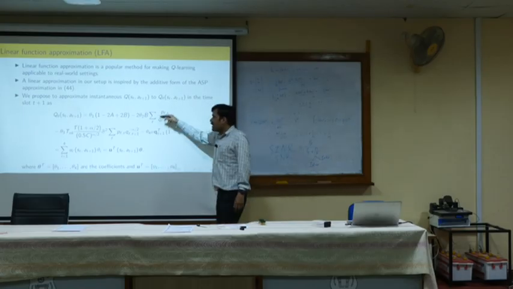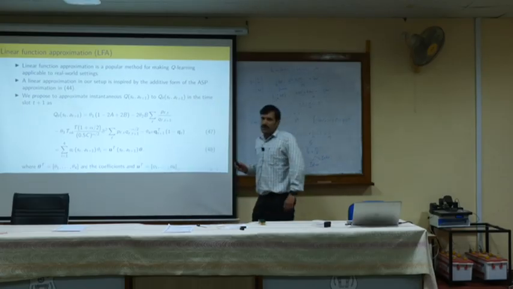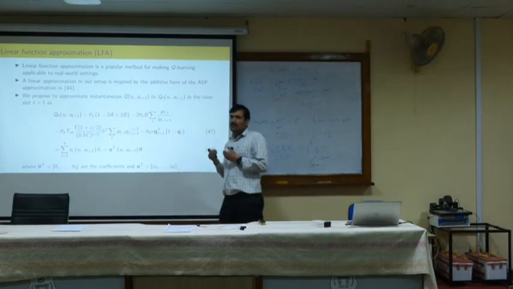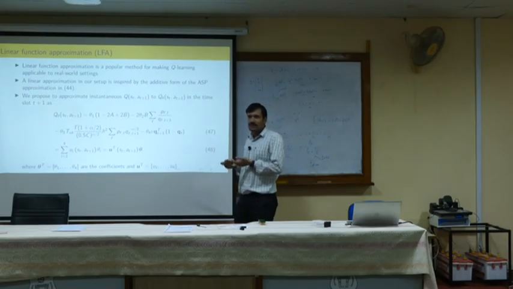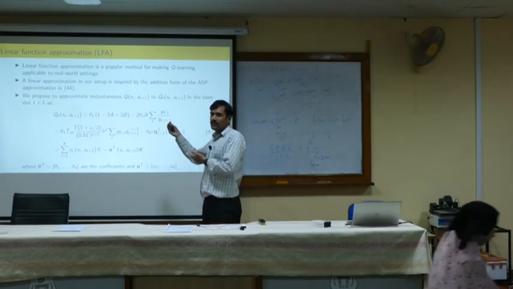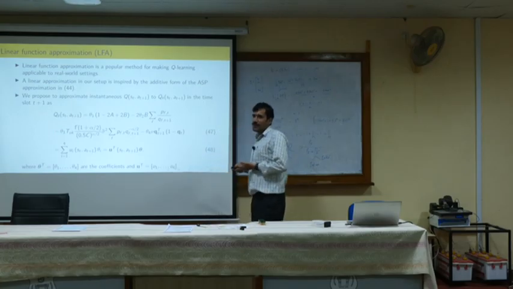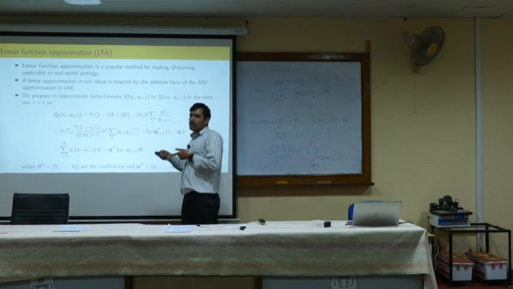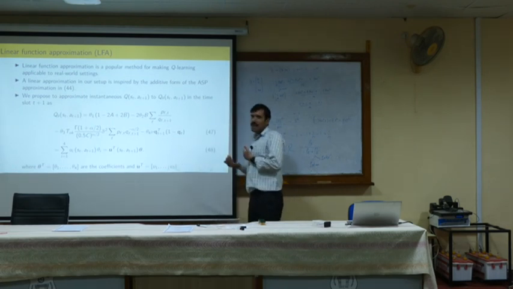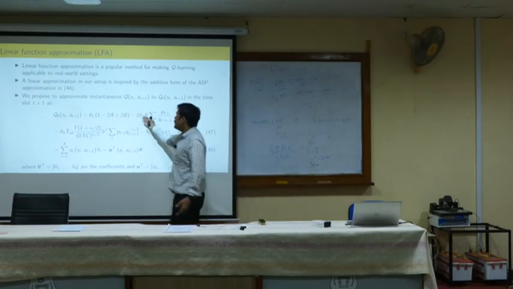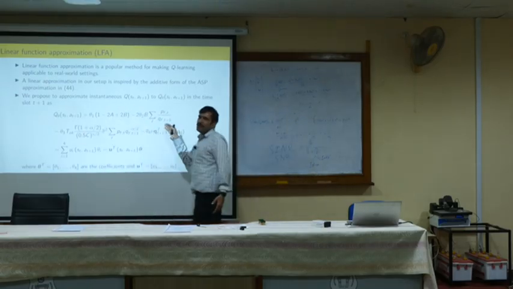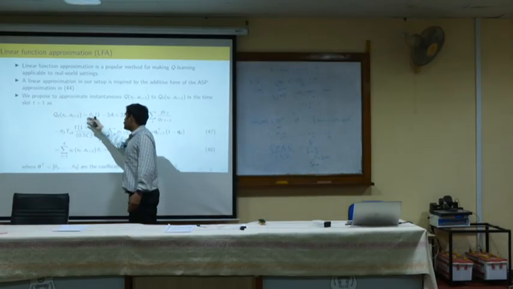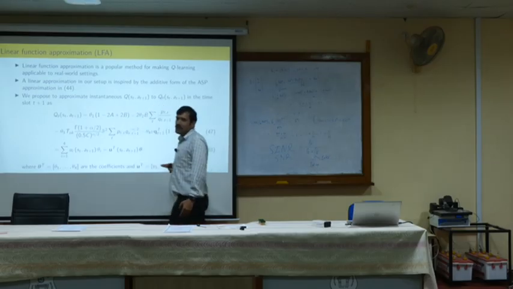Now how do I approximate this? Recall that Q is made of cumulated discounted cost, and cost is made of this ASP, average success probability, for which I have derived an approximation. In that approximation, whatever term I have, I put theta there. That makes a linear function of theta. So Q is a linear function in terms of theta, and that's why this is a linear function approximation.